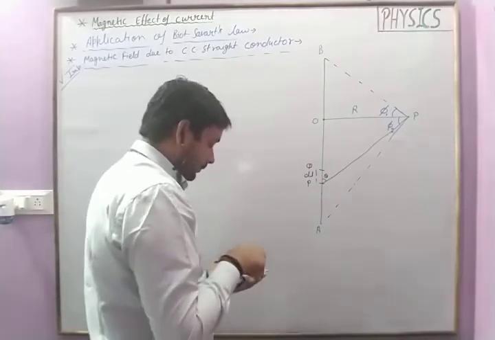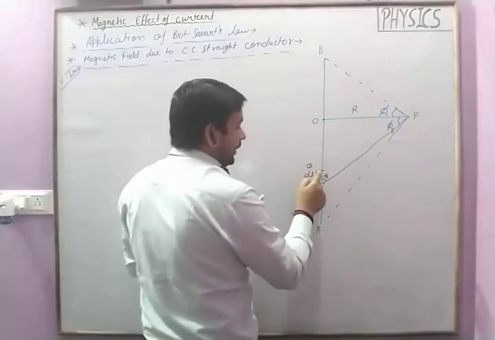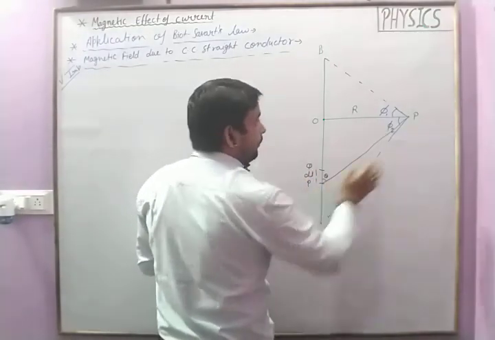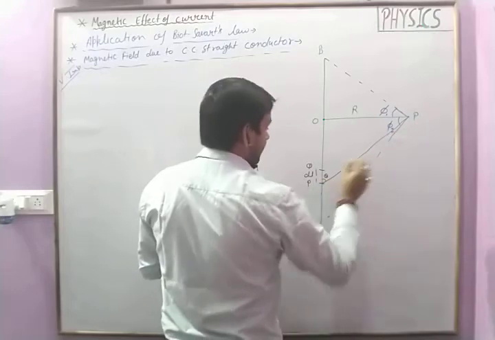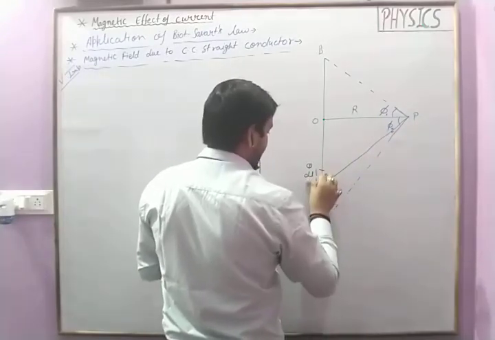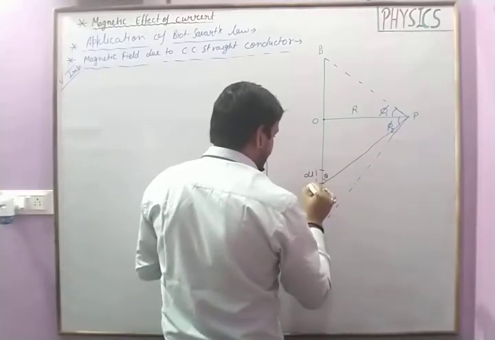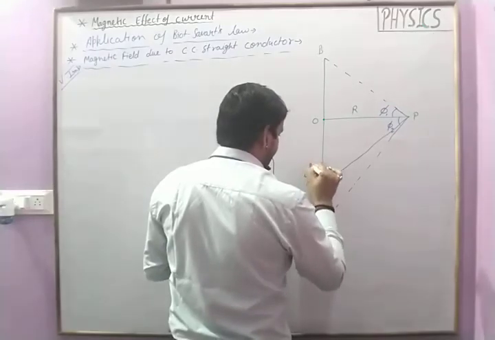And now draw a perpendicular on P. This is P. So this we take as MN.